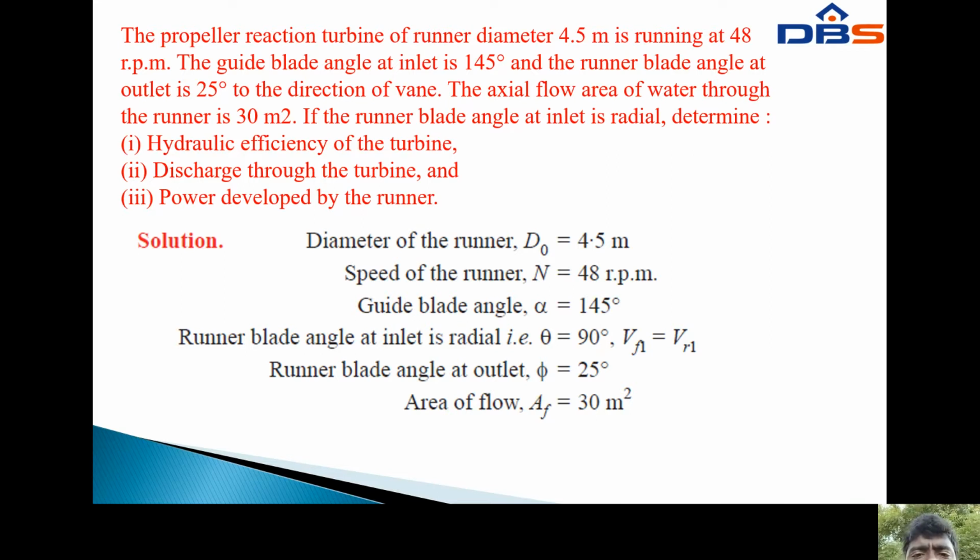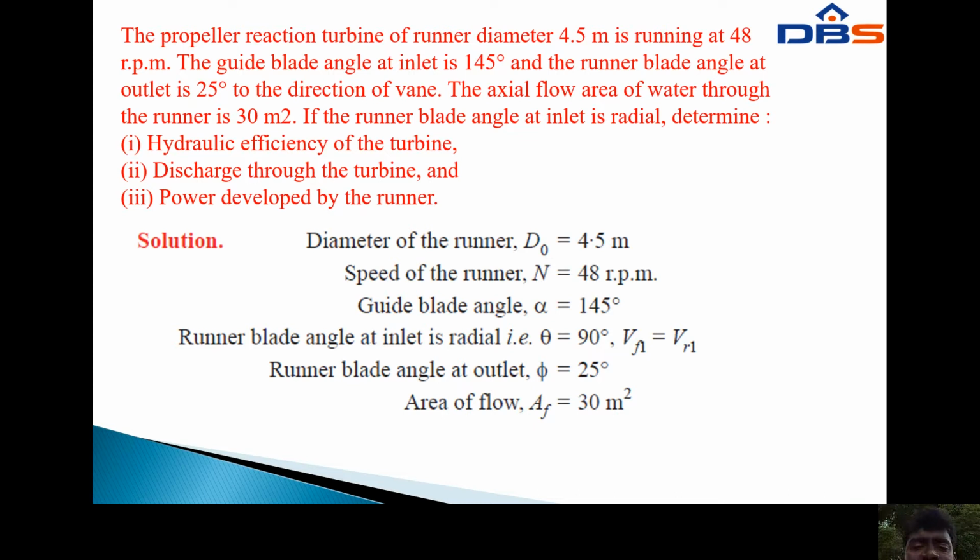The axial flow area of water through the runner is 30 meter square. If the runner blade angle at inlet is radial, determine hydraulic efficiency of the turbine, discharge to the turbine, power developed by the turbine.